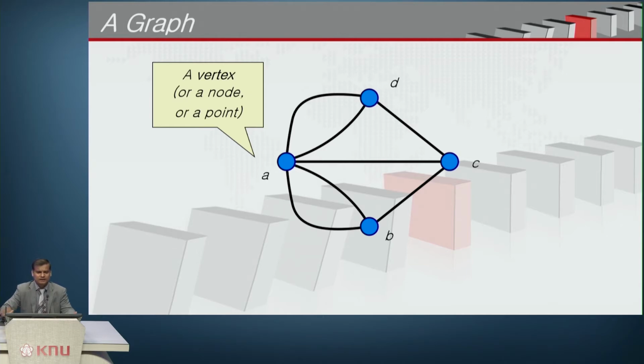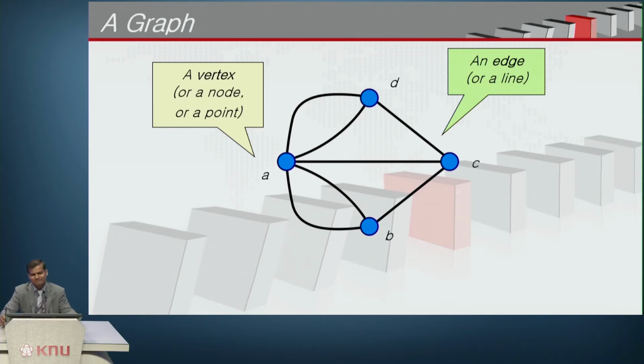Right now we have 4 nodes A, B, C, D, and these 4 nodes are connected by means of these 7 lines. From the previous model we can say that these are the 7 bridges. These lines are called edges, or an edge.